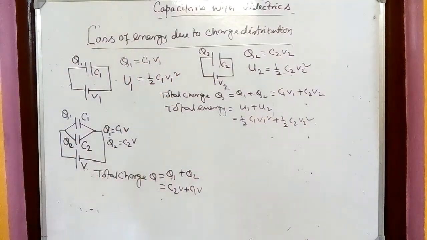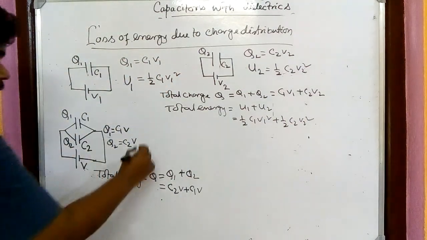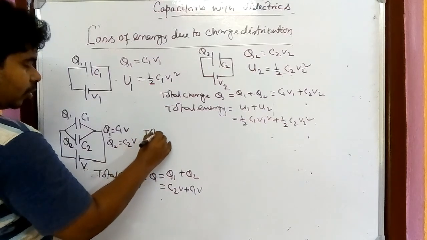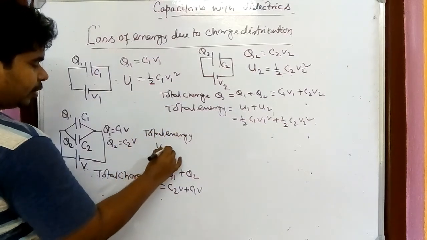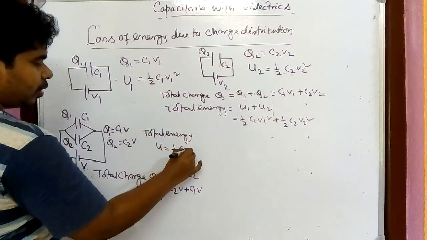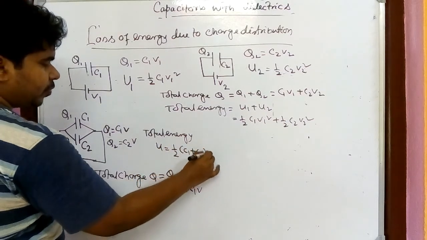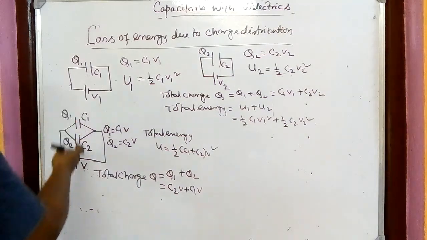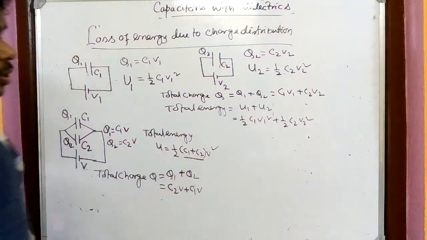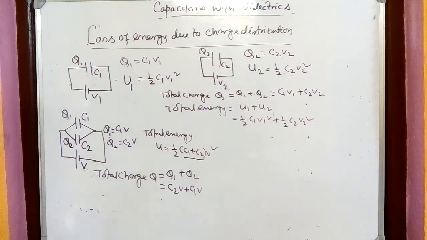After connection, total energy U equals half of C1 plus C2 into V square. Why C1 plus C2? Simple thing: it is connected in parallel, so the resultant capacitance will be C1 plus C2.